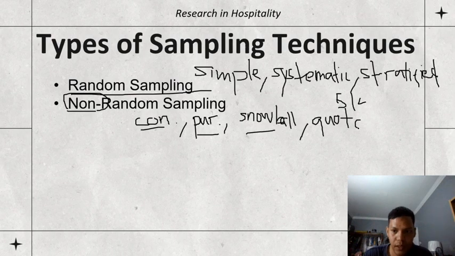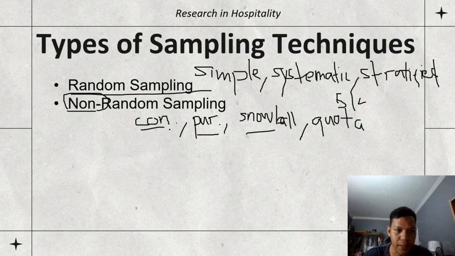Okay, quota sampling. It is often employed when random sampling is impractical or impossible. Instead of using the simple, systematic, and stratified random sampling, if you observe that it is not advisable to use random sampling, you will move on to non-random sampling.